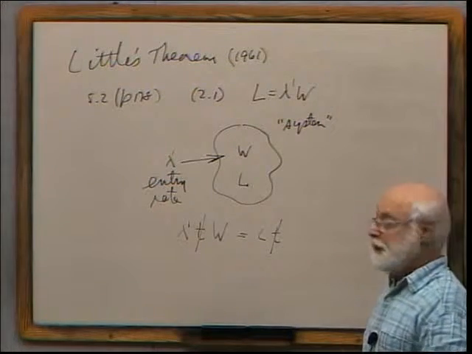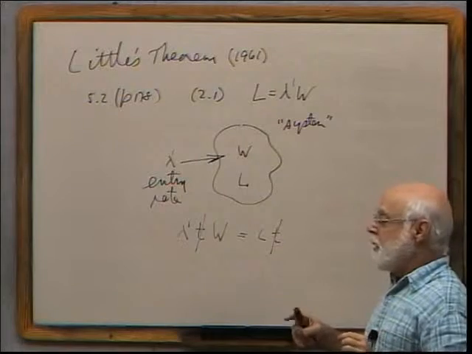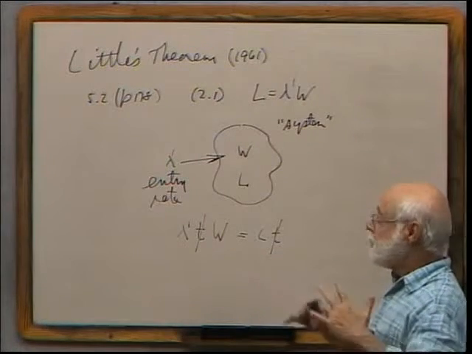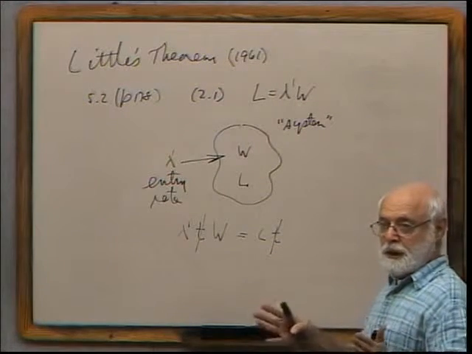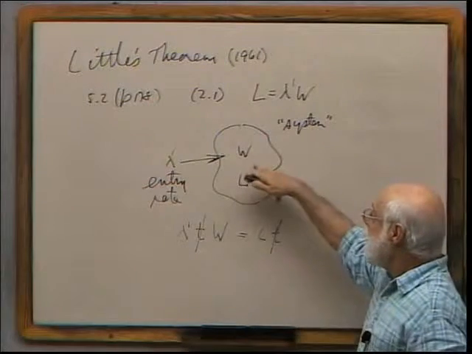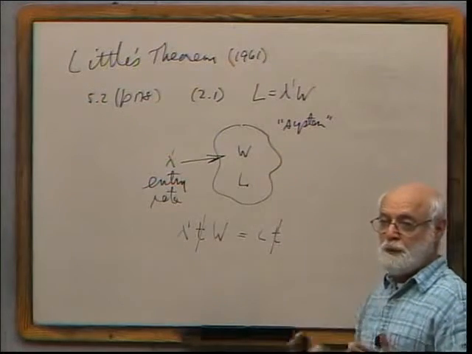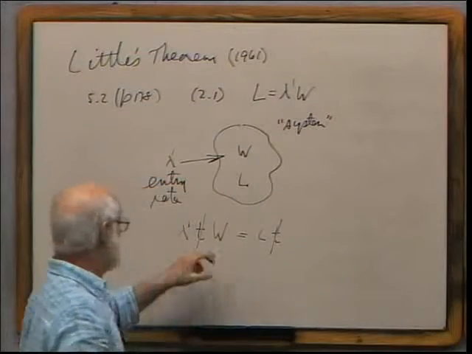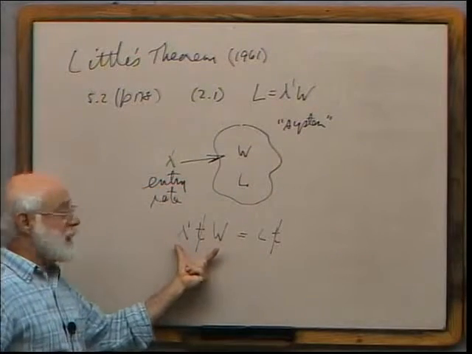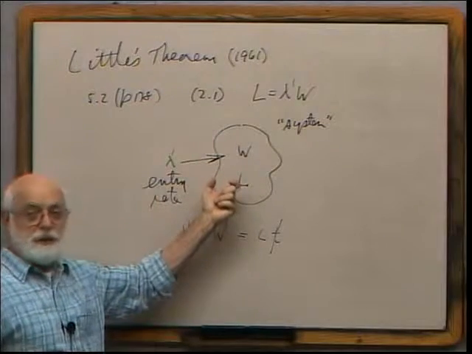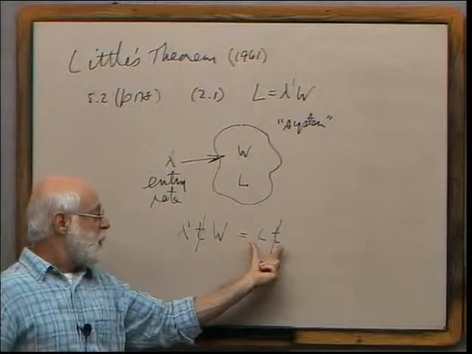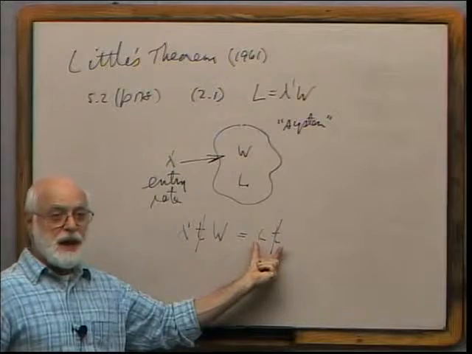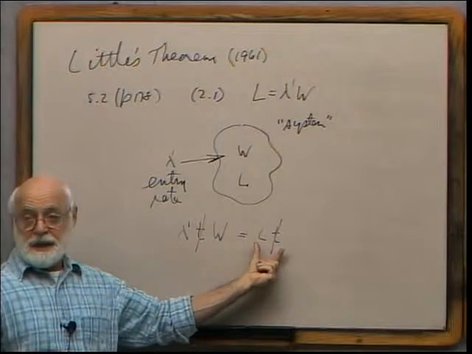Now, if the values here exist, then they must balance, because I can't have time building up more than is being used up over the long run. So this represents, over time t, the amount of lifetime total that's brought into the system. And this represents, over time t, the amount of lifetime that's used up. And those things must balance in the long run.